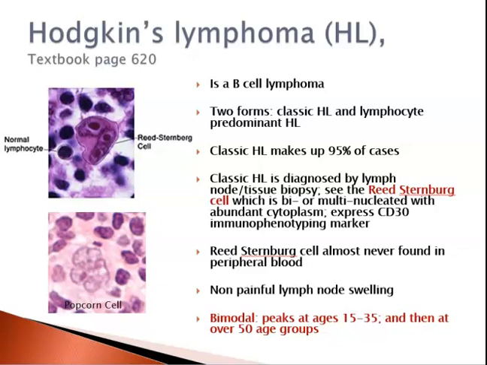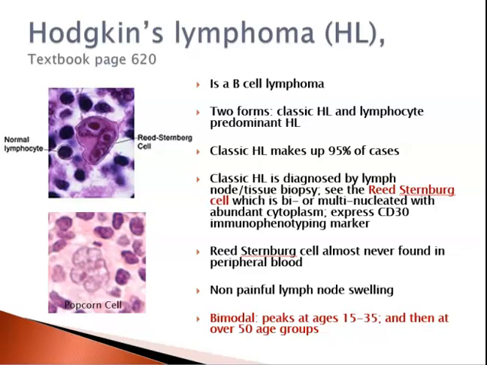There's the classic Hodgkin's lymphoma, and then there's the lymphocyte predominant Hodgkin's lymphoma. So about 95% of the cases are made up of classic Hodgkin's lymphoma, meaning that the lymph nodes are being affected, or the lymphatic system.